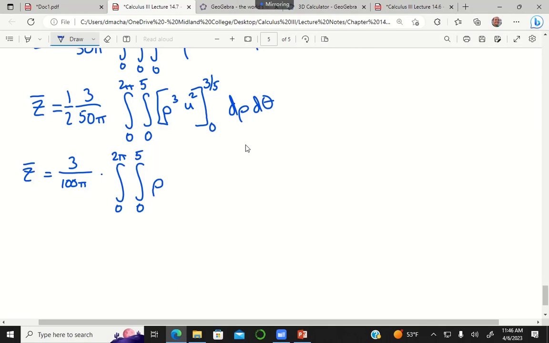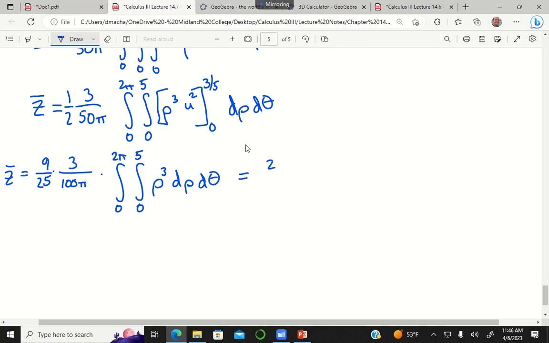Now I've got rho cube, and u squared is 9 over 25. So I'm just going to take the 9 over 25 and put it out here. d rho d theta.